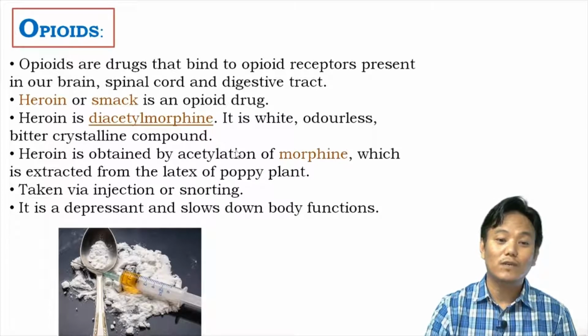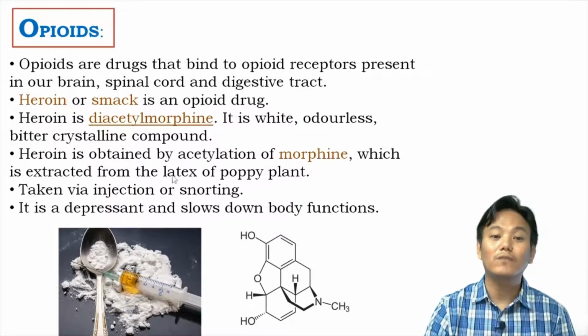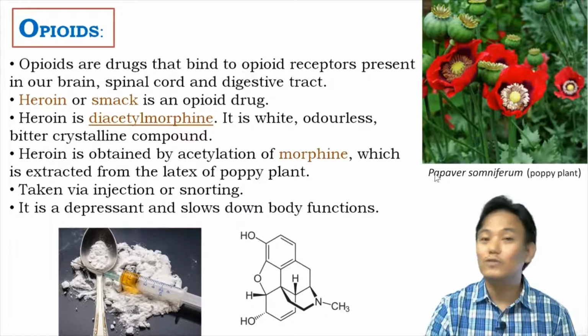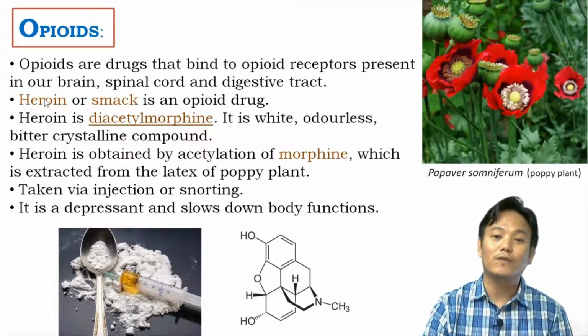Here is the chemical structure of morphine, and this morphine is extracted from the latex of the poppy plant, the scientific name of which is Papaver somniferum. From this plant, morphine is obtained. After acetylation of morphine, we get diacetylmorphine or heroin.